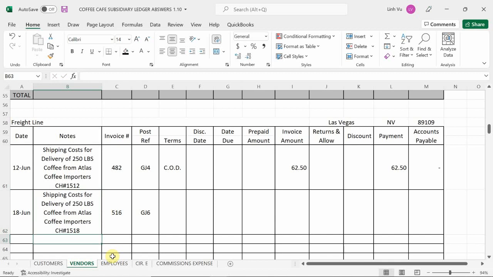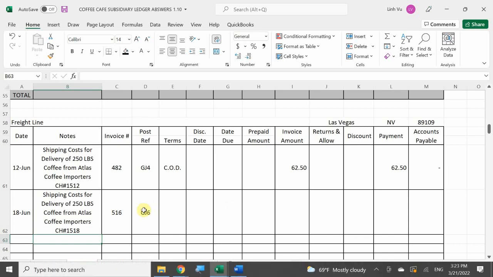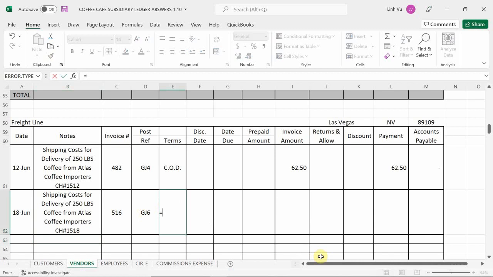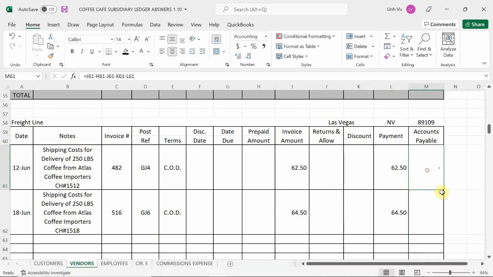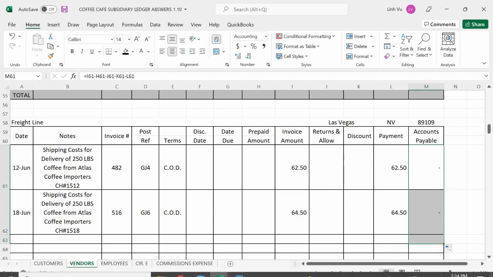Okay, right. I wrote check number 1518, which paid this bill here, right? It was COD, which is cash on delivery, for $64.50. And I already wrote the check out for the $64.50 using check number 1518. So I owe nothing to Freightline. Okay.